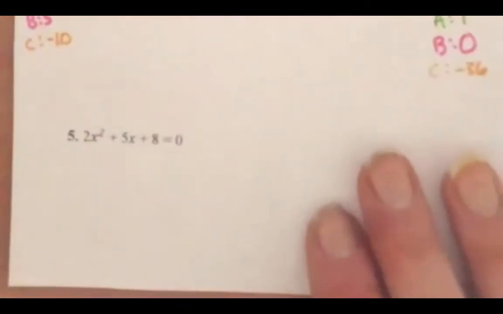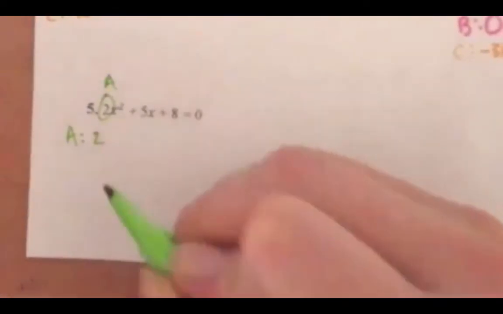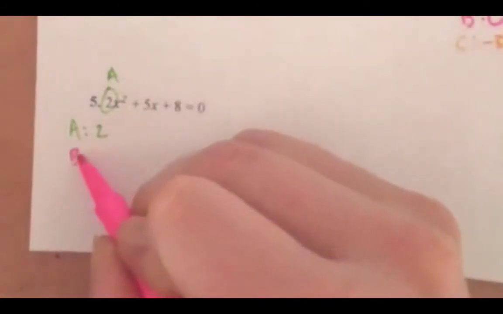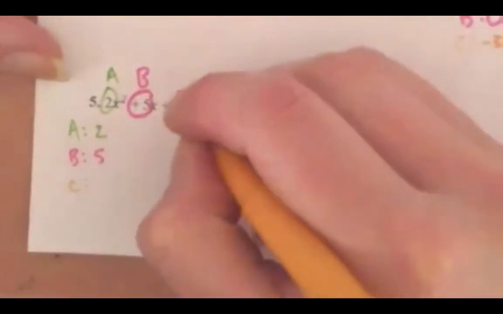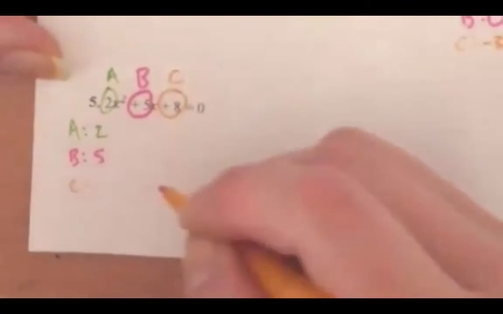All right, last but not least, number 5. Let's identify our A is 2, B is positive 5, and C is positive 8.